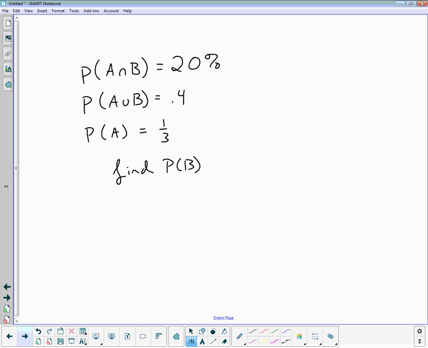So, the probability of event B is what we're looking for. One thing that I say to do is to put everybody into fraction form, if you can. It's sometimes nicer. Or if you don't have any repeating decimals, put it into decimal.